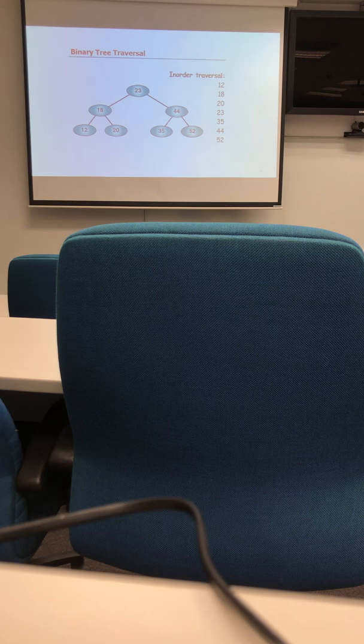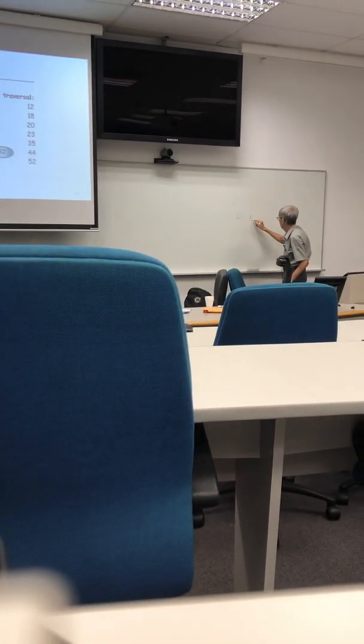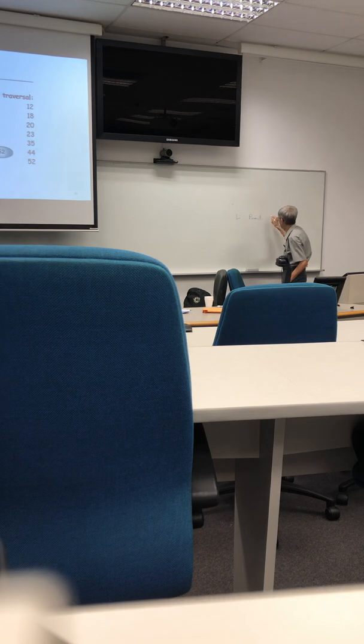We start from the root, 23. No, 23 is not visited first. The parent is always in the middle. We visit the left subtree first, then the parent, then the right subtree. This is in-order.